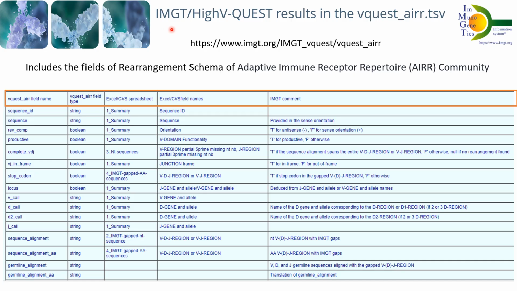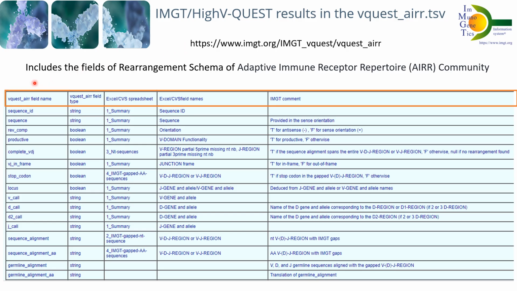If you selected the R format for your results, the archive includes the V-QUEST R TSV file. This file mainly contains IMGT HighV-QUEST results formatted according to the rearrangement schema of the R community. The full content of the V-QUEST R file is also available in the IMGT V-QUEST documentation through this link.